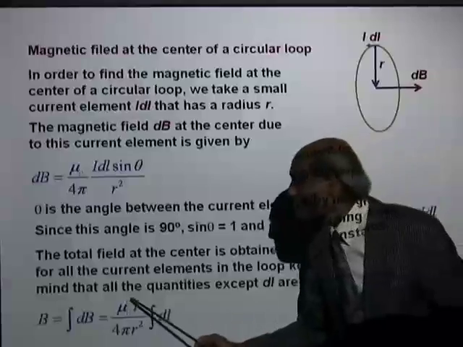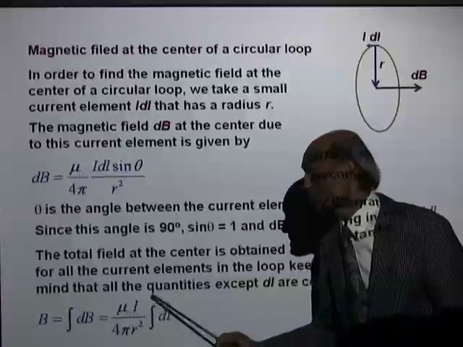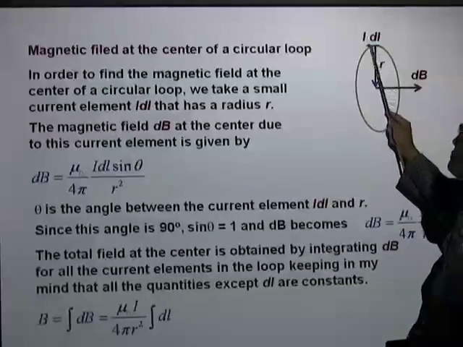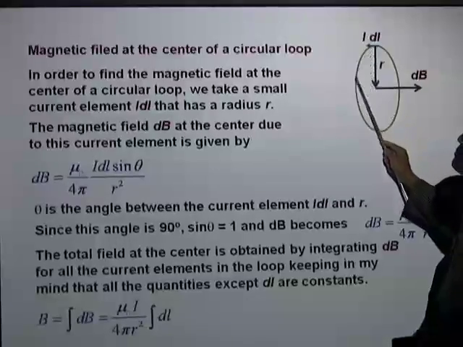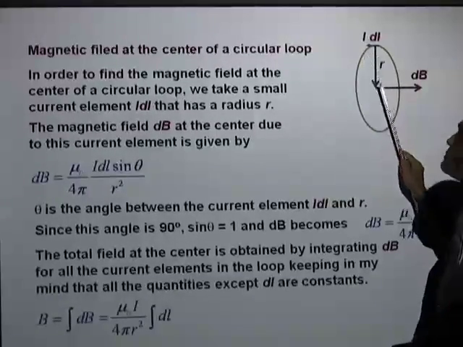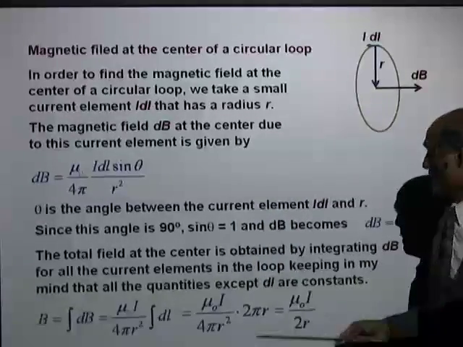So we can take mu 0 I over 4 pi r squared outside and integrate dL. What do you get if you integrate dL? Integration of dL gives you the total length of the loop, which is 2 pi r, the circumference of the loop.